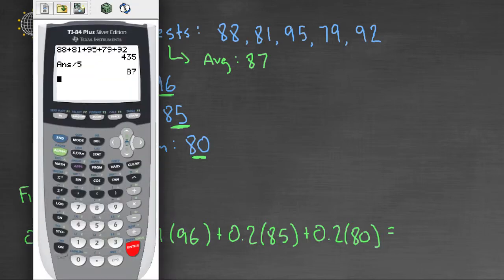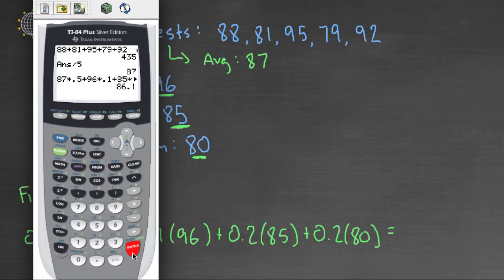So let's do that here. So we've got 87 times 0.5, that's the chapter test average, plus 96 times 0.1, that's the homework average weighted at 10%, plus 85 times 0.2, that's 20% weight for the quiz, and lastly 80 times 0.2, which is a 20% weight for the final exam.